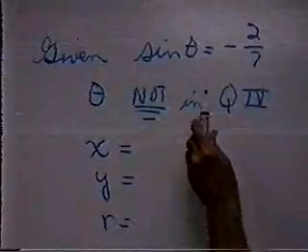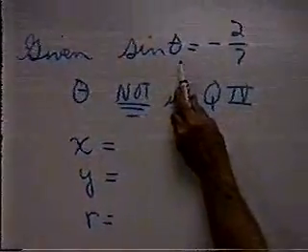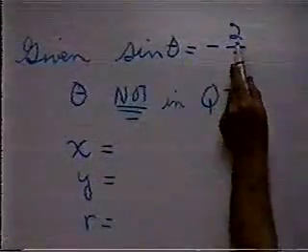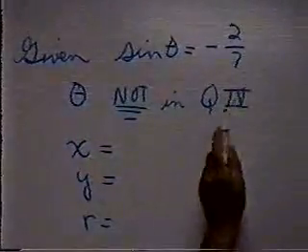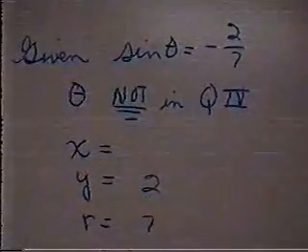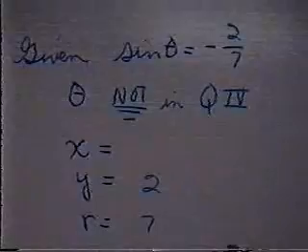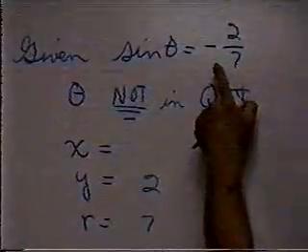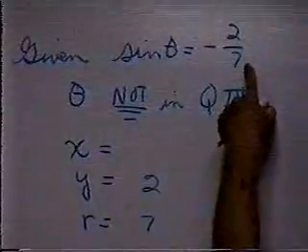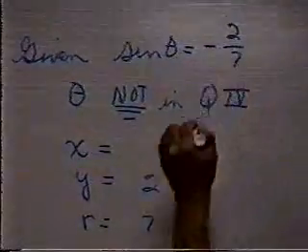Well, now let's go back up here. Sine of theta. Sine is Y over R. That must mean that's Y and that's R. Okay, well, let's see. Y is 2 and R is 7. Oh, wait a minute. Where's that minus go? Y and R. R is always positive, so the minus goes with the 2.